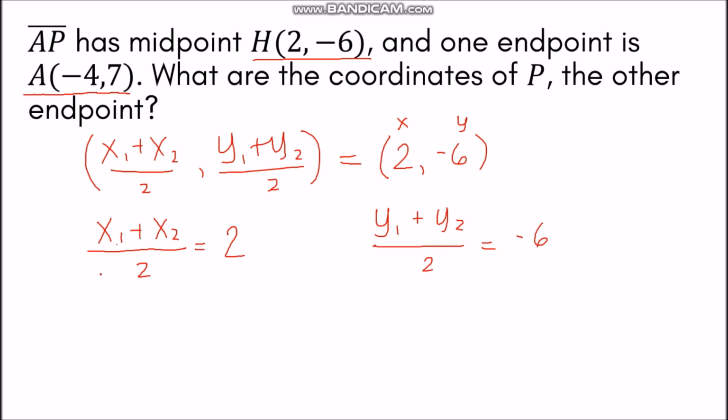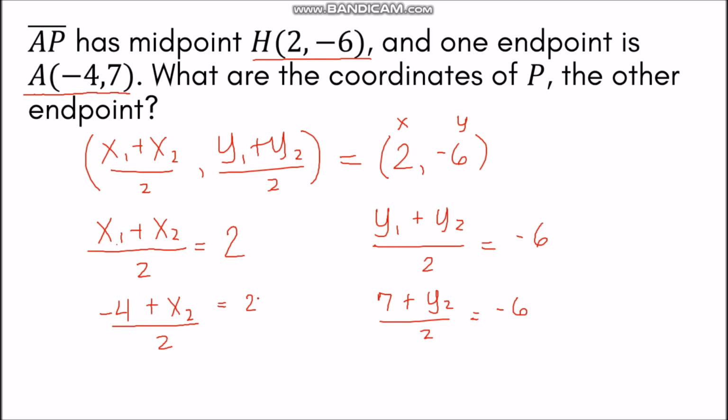Again, x sub 1 now is negative 4, plus x sub 2, over 2 equals 2. And then y sub 1 is now 7, plus y sub 2, over 2 equals negative 6. So what we will do now is simplify everything so that we can find the second point, which is x sub 2 and y sub 2.